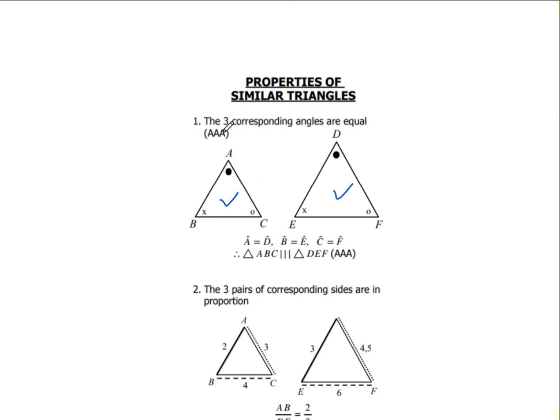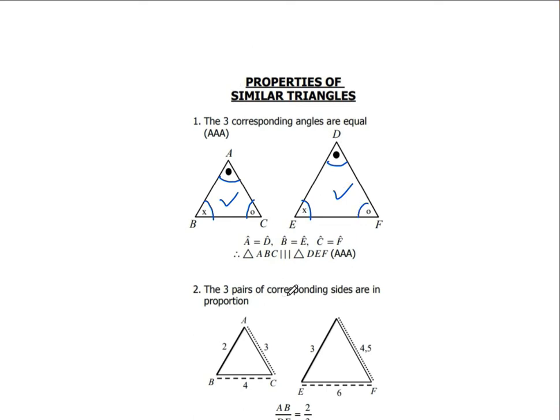Now they say the three corresponding angles are equal. So what do we have here? We have angle, angle, angle, which means this angle here corresponds to this one and they are equal. This angle here corresponding to this angle is equal to it. This angle here is also equal to this angle because they are corresponding.